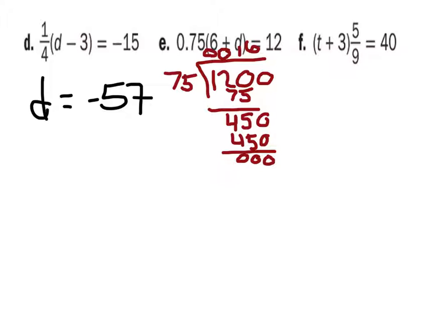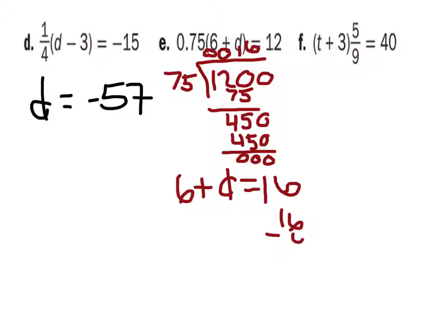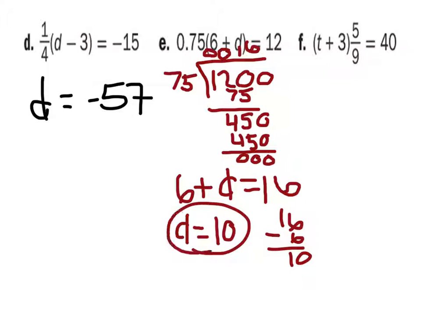And then you do 16 equals D plus 6. And then 16 minus 6 equals 10. So D equals 10. Bam. Hey, good job. So that's good because Carly used the division way, which is good. So you get to choose.